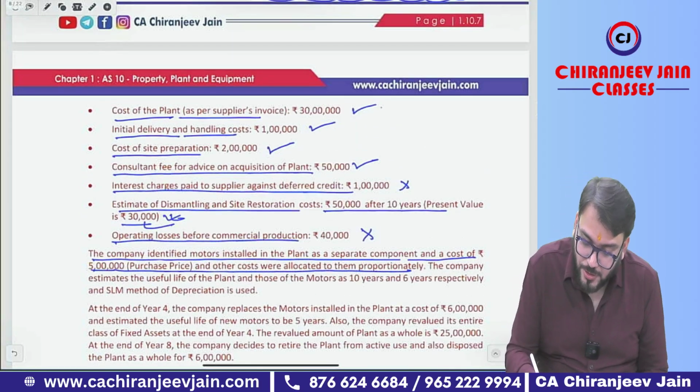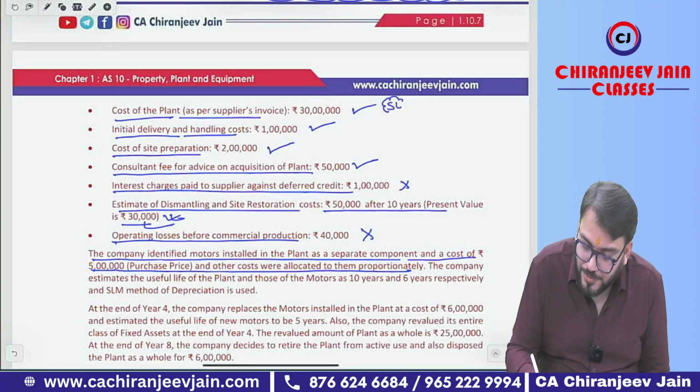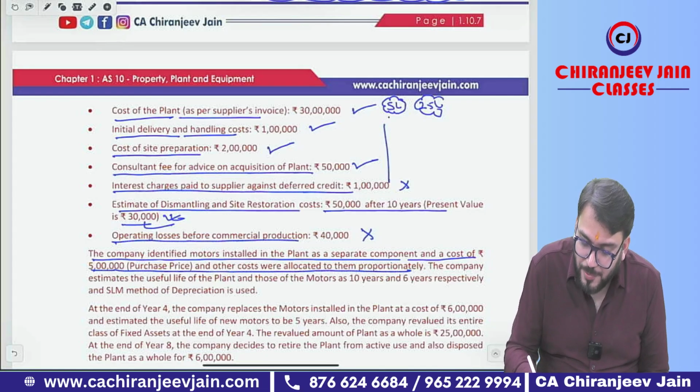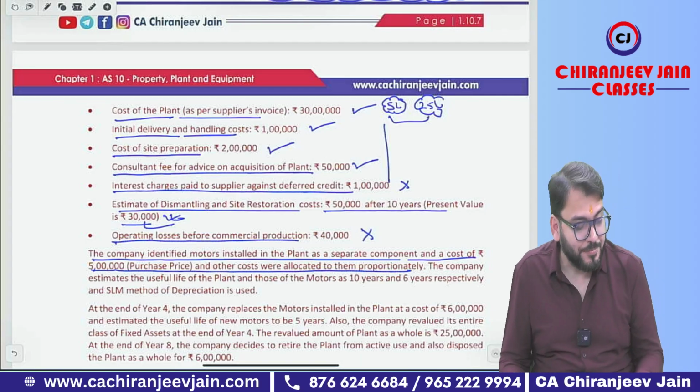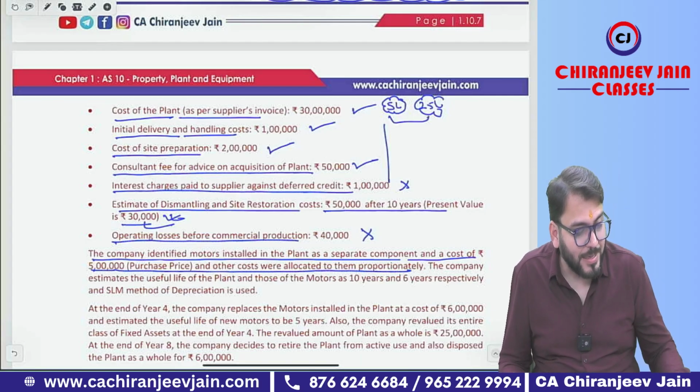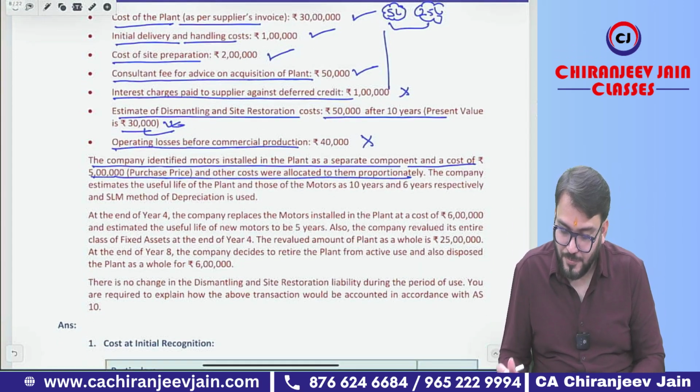Means out of these, 5 lakh belongs to the motor, and 25 lakh belongs to other, and the other costs will be allocated in this proportion only. Chalega? Yes, sir.